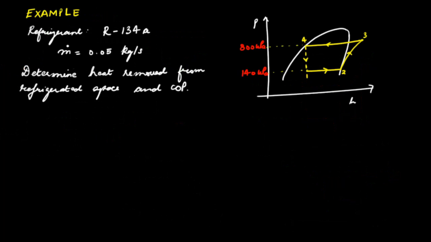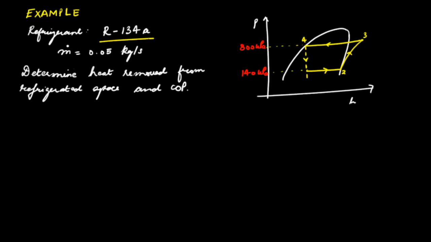Finally, let us consider an example of a typical thermodynamic analysis of a vapor compression refrigeration cycle. So consider a vapor compression refrigeration cycle that uses R134A as the refrigerant, that is the working substance.